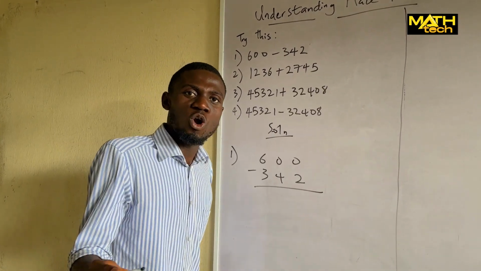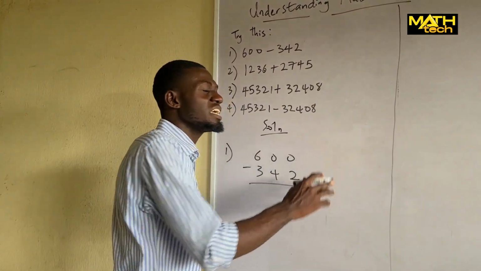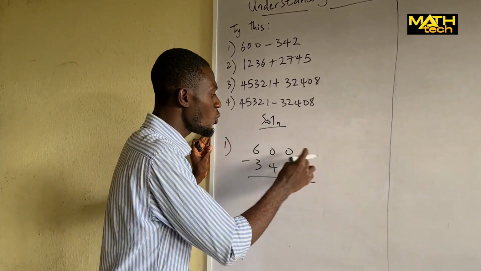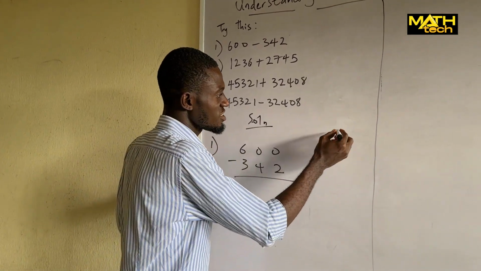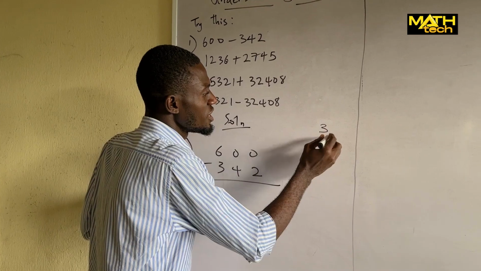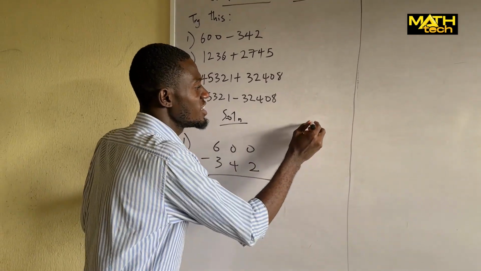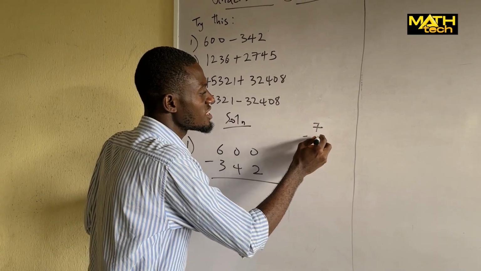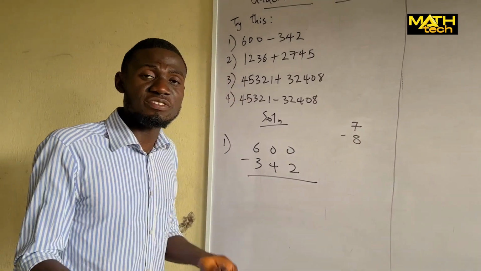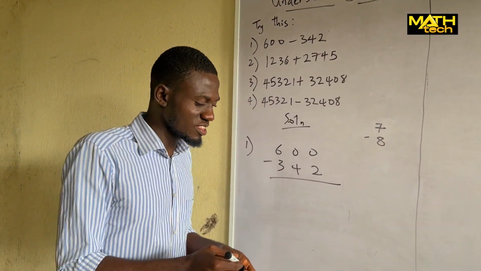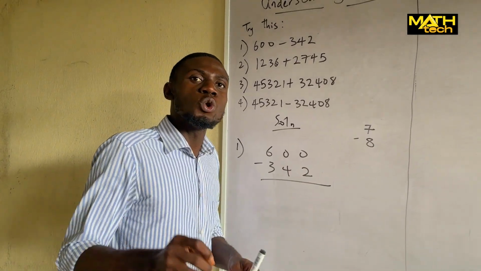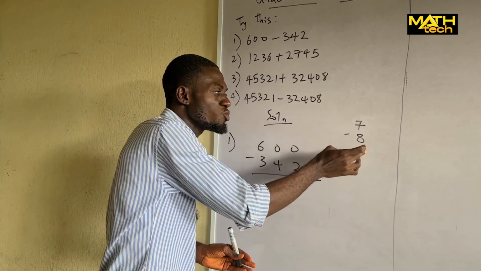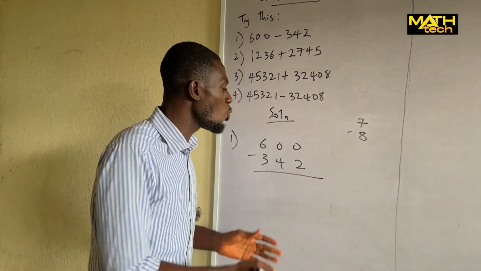If you are adding or subtracting numbers in either the base 2 system or the base 5 system, and you have something like 7 minus 8 in the base 5 system, how do we go about this? In the base 5 system, you will use the base and add to this top value, then you do your subtraction. Same thing goes here.